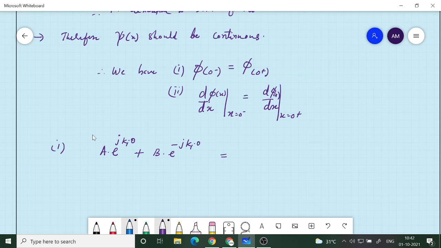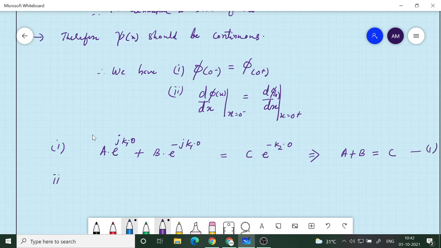On the right side I have c e raised to minus k2 into 0. So this becomes a plus b is equal to c. That is equation 1.